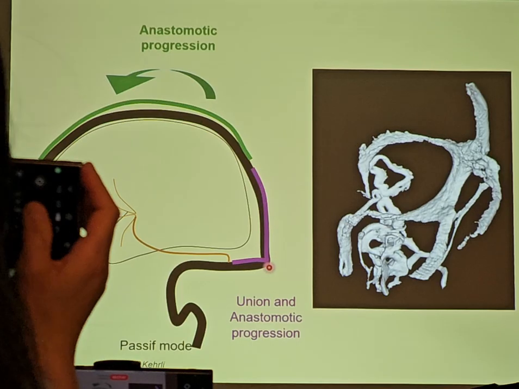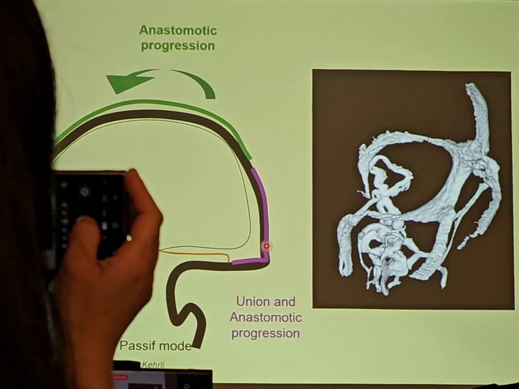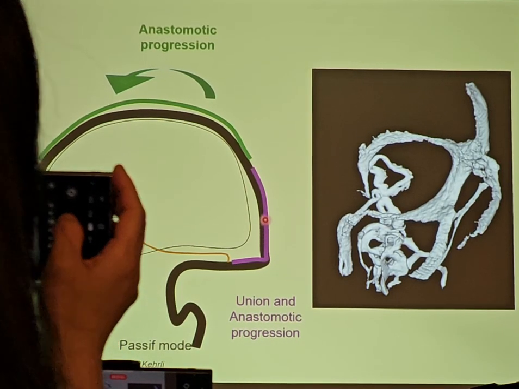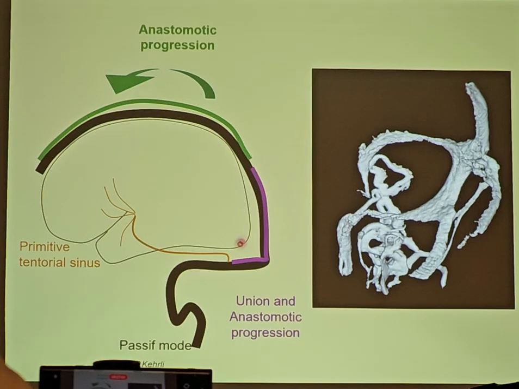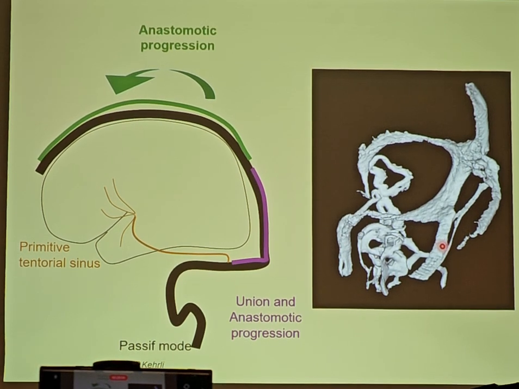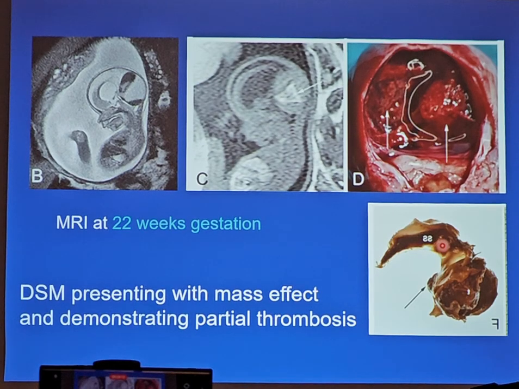The evolution and the maturation of the dural sinus starts at the level of the torcular and goes forward and downward. So this is where it starts. And you can see in this case the dural sinuses initially have multiple shapes and forms, while eventually it becomes the simple outline that we are familiar with.